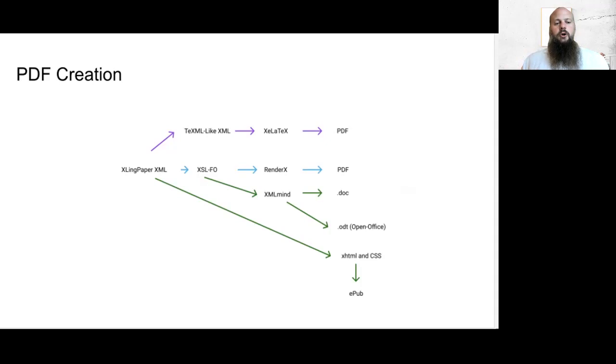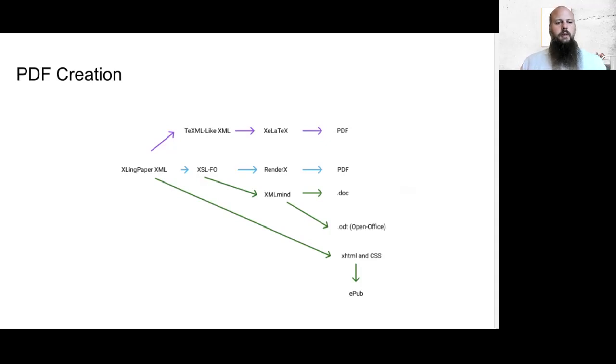The current path the information travels through is that XLingPaper's native XML format processes to a TeXML-like XML, then that gets processed down to a XeLaTeX file, and that gets processed to a PDF. Those create really nice PDFs, and there's quite a few options in there. I can say that with confidence as I wrote my MA thesis in this software.